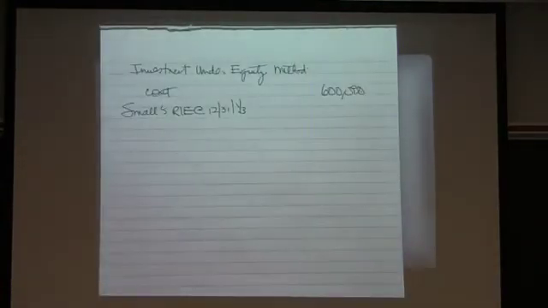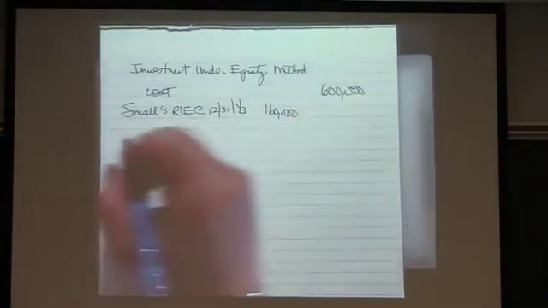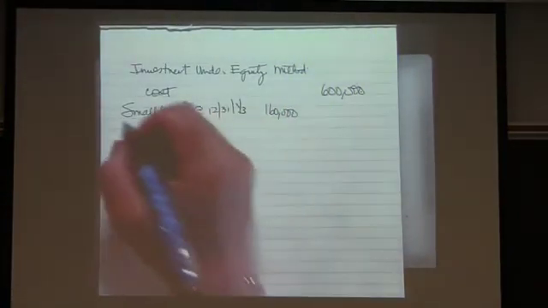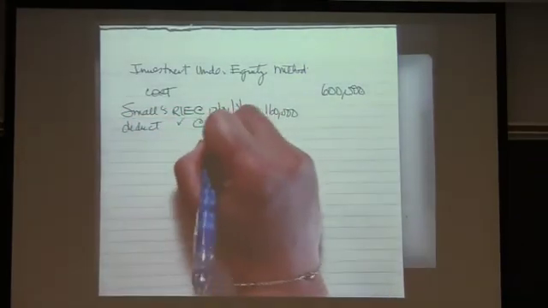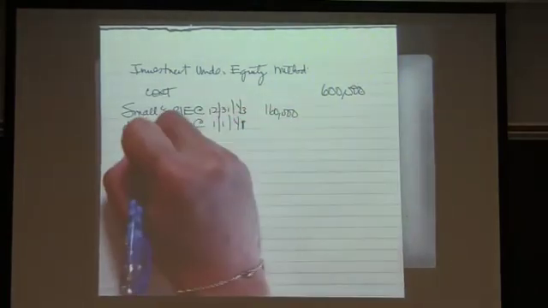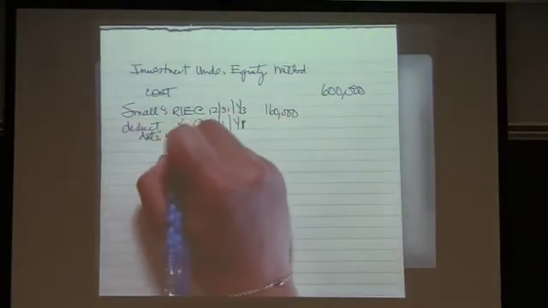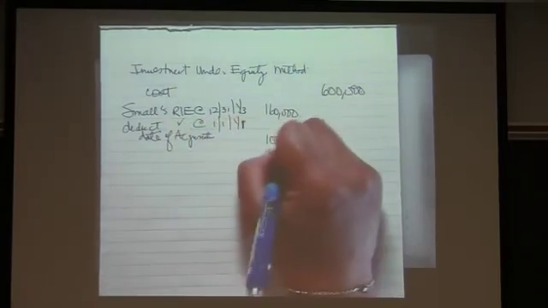That would have been the retained earnings of Small. Okay, we're going to deduct Small's retained earnings at January 1st, year 1. This is the date of acquisition. And that's 100,000.